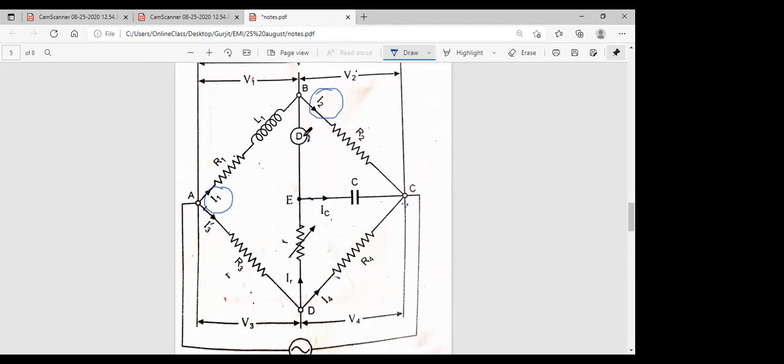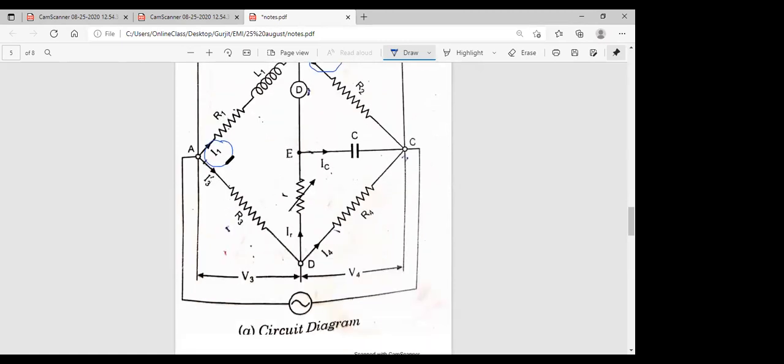Means this detector is showing the null indication. Means V1 voltage is equal to V2 voltage. Similarly, first of all we are taking this IR current. This IR current is equal to this IC current. Means no current is flowing from this detector, then our bridge is balanced.